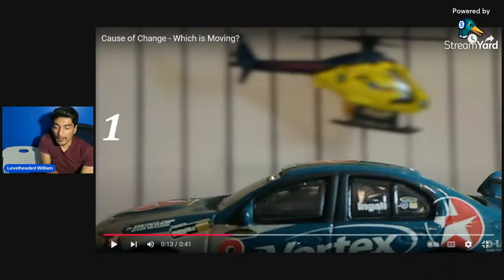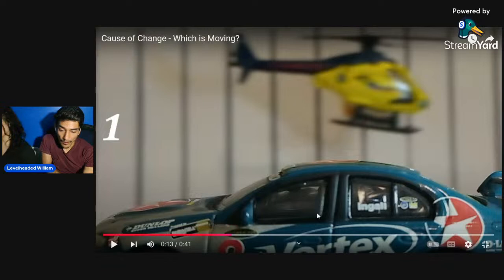Not only that, what is moving and in what direction, I guess, will be the better question. So in this scenario, what's moving, the background or the car, and also in what direction are they moving?